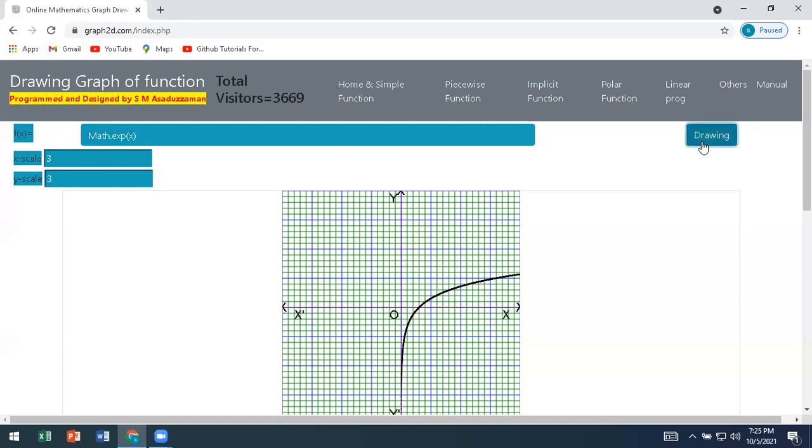And pressing the drawing button, we get the e to the power x function graph. We can also do e to the power x minus 5. Press the drawing button, we get the e to the power x minus 5 graph.